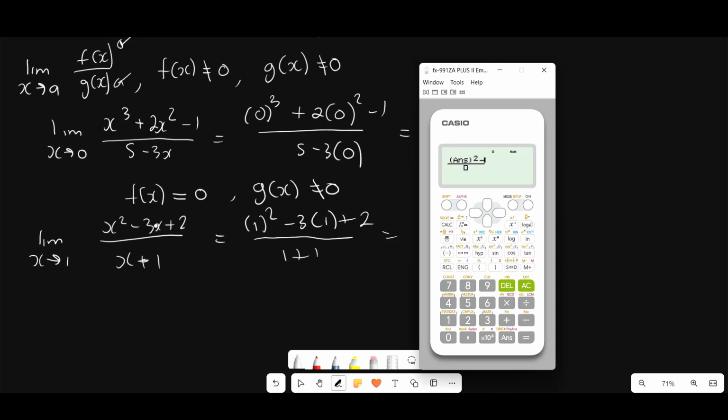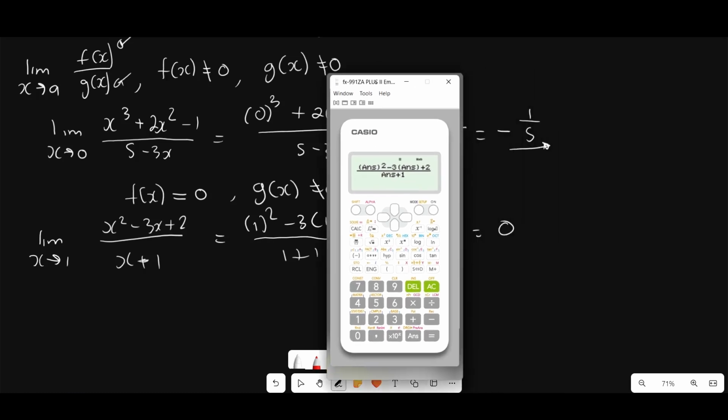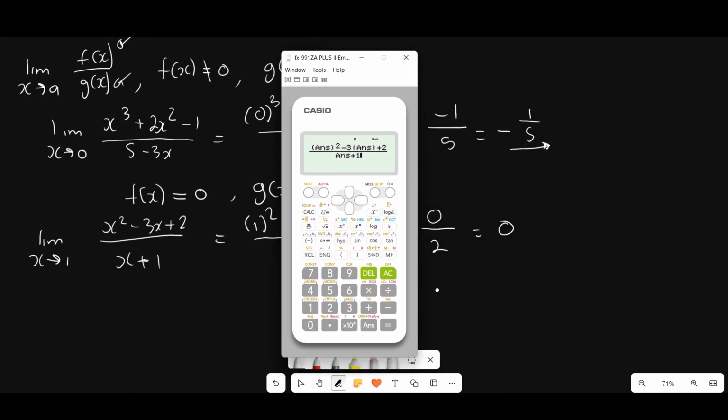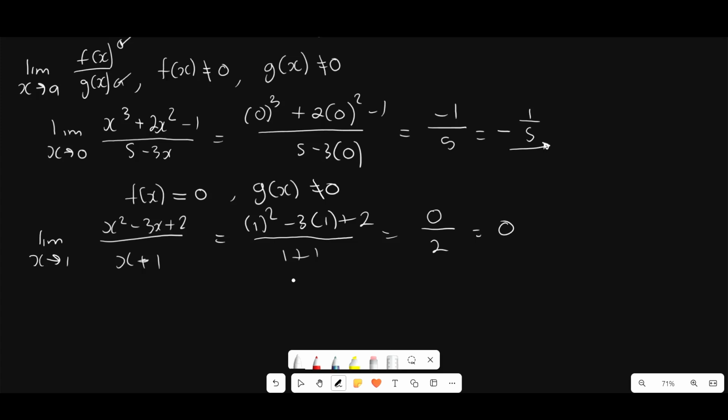You can take any value that is close to 1. Then I compute answer squared minus 3 times answer, plus 2, divided by answer plus 1. The value we get should be approximately 0. You can see that this value is very close to 0, meaning the limit as x approaches 1 of this function is equal to 0. I hope that makes sense.